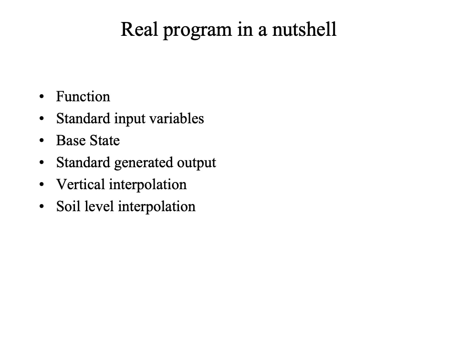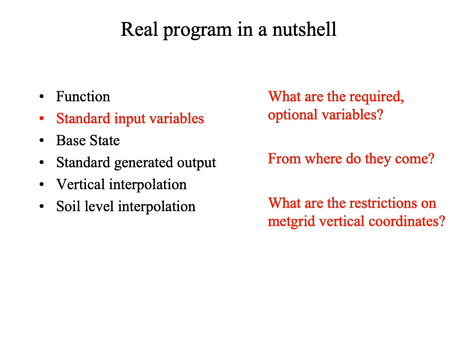The entire function of the real program is to move data from WPS to the WRF model. The data that comes into the real program are traditional meteorological variables that one would expect.